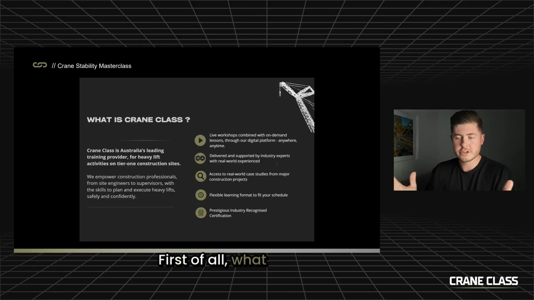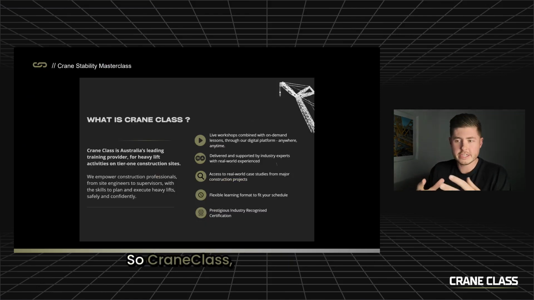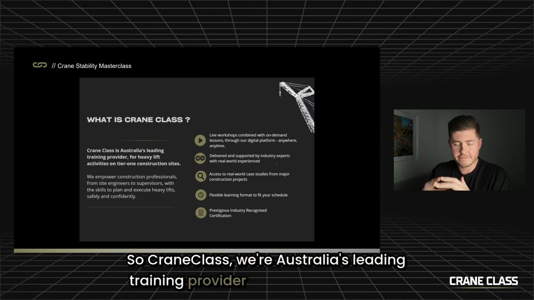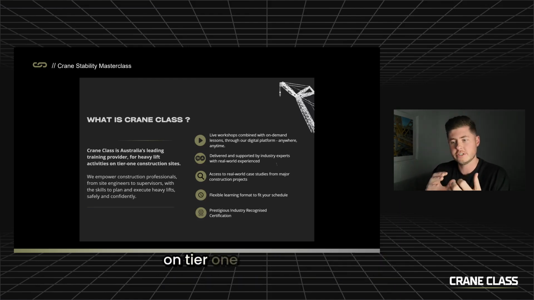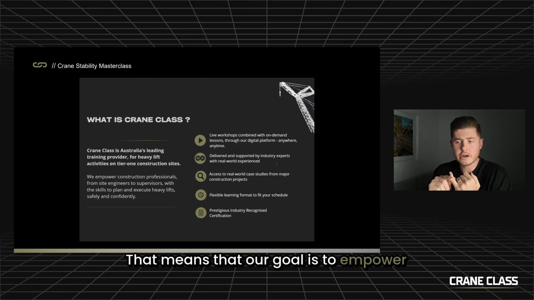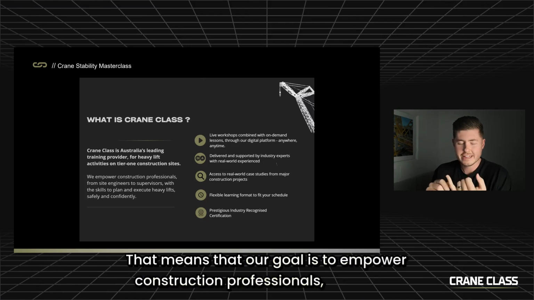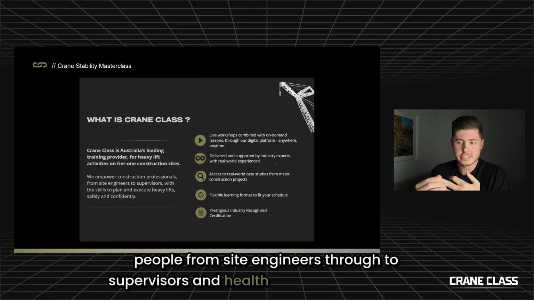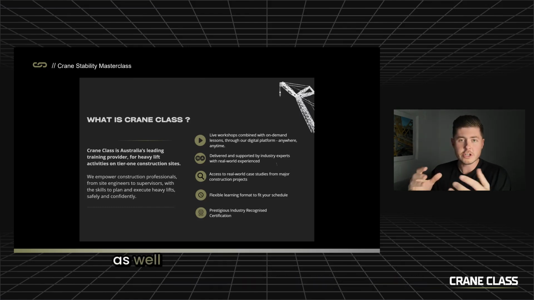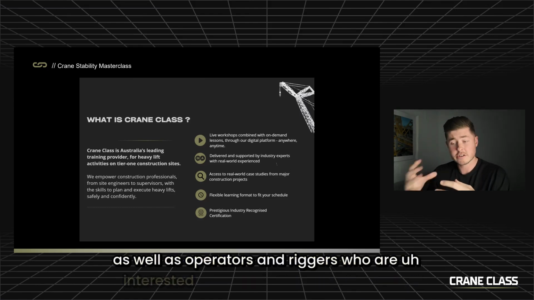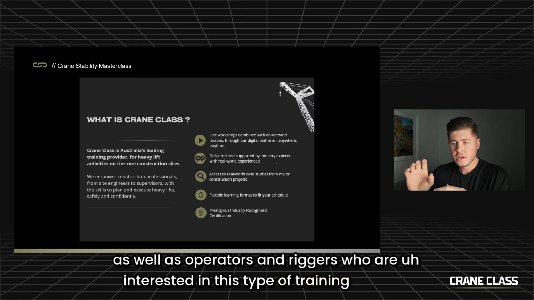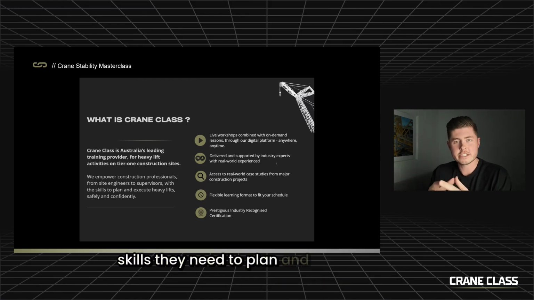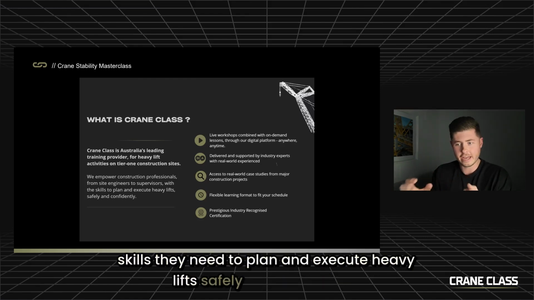First of all, what is Crane Class? We're Australia's leading training provider for heavy lift activities on Tier 1 construction sites. Our goal is to empower construction professionals, from site engineers through to supervisors and health and safety personnel, as well as operators and riggers, with the skills they need to plan and execute heavy lifts safely and confidently.